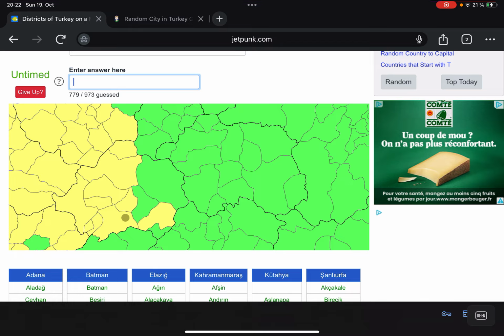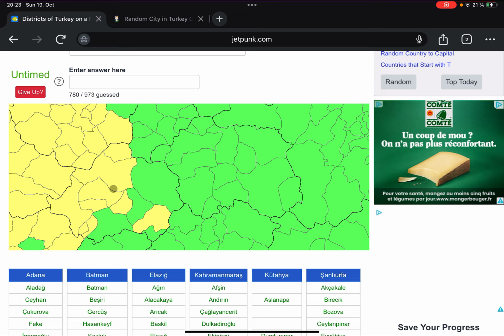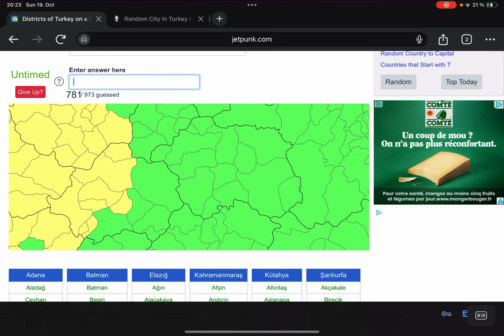We have Gediz, which is also one of the larger rivers in the west of Turkey, the Gediz River. We have this one, which should be Altıntaş.